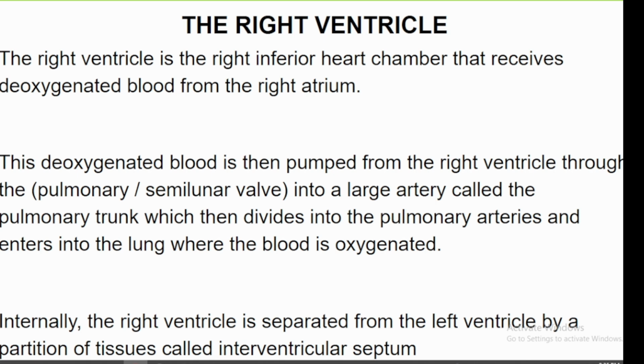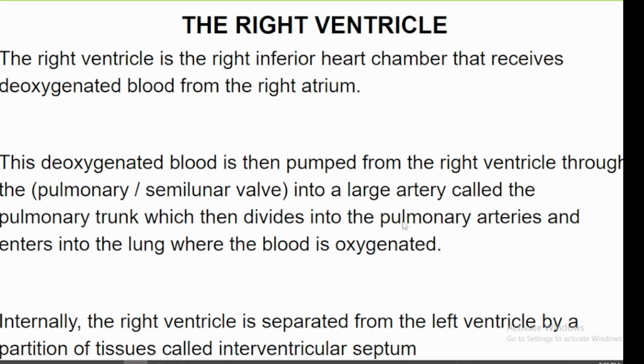Now, this deoxygenated blood is then pumped from the right ventricle through the pulmonary or semilunar valve into a large artery called the pulmonary trunk. This pulmonary trunk divides into pulmonary arteries and enters the lung where the blood is oxygenated.